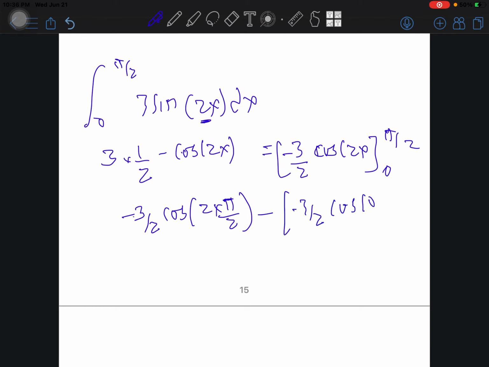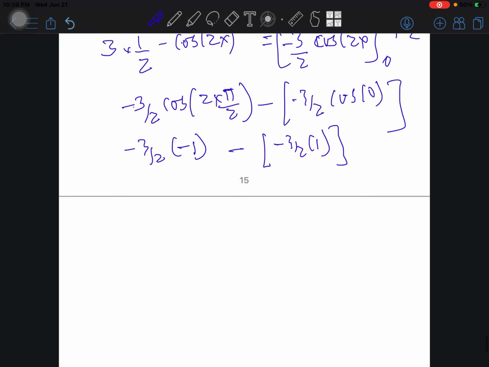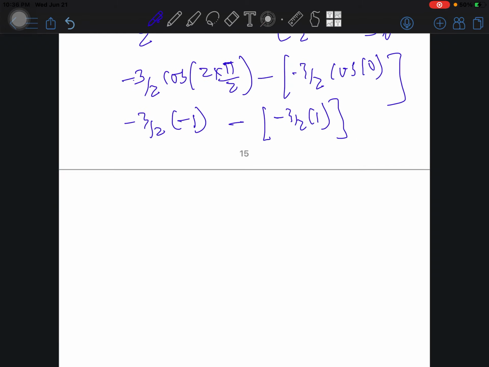With this, it is your normal algebra: negative 3 over 2 times cos pi, which is negative 1, minus negative 3 over 2 times cos 0, and cos 0 is 1. So we are going to get 3 over 2 plus 3 over 2, and we get 3.